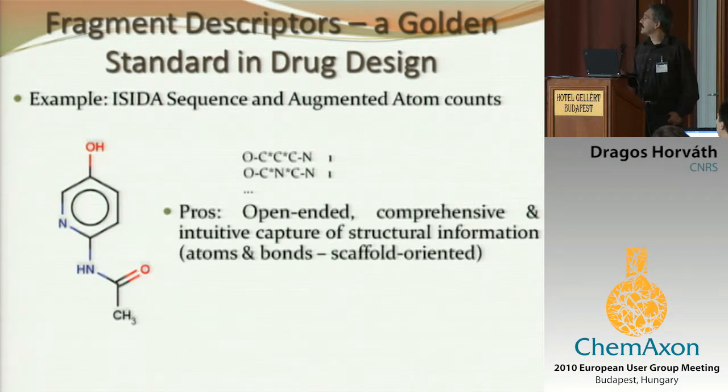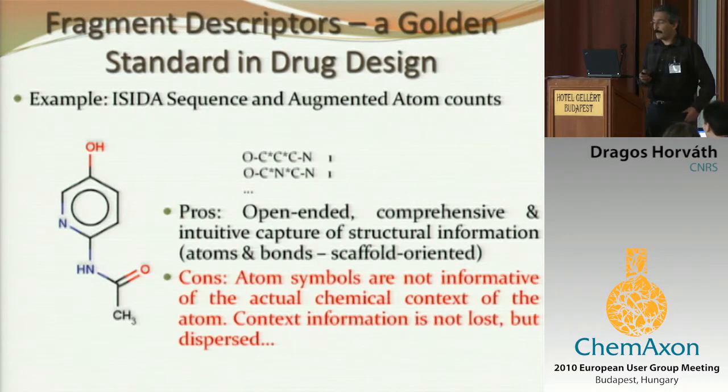They're very nice because they're open-ended, they're comprehensive, and they're intuitive. Every chemist understands what we're doing there. It's not the Randić index, it's not the Balaban index, and not black boxes like topological indexes. They are very good at capturing scaffold-oriented information, but atom symbols are not informative of the actual chemical context. Here we have N, but what kind of N?